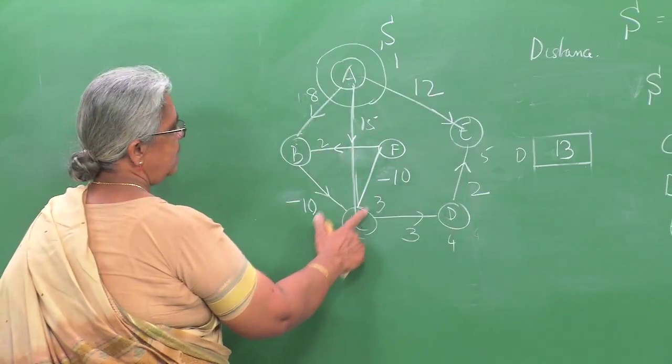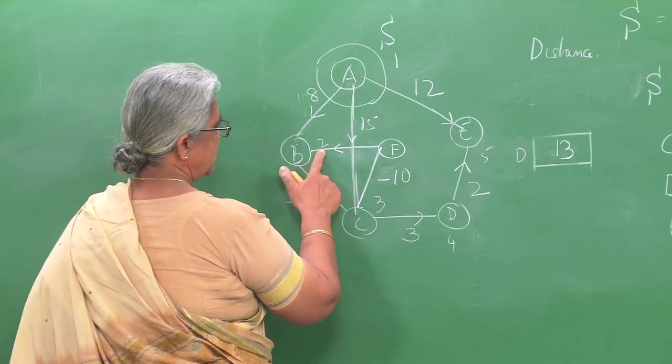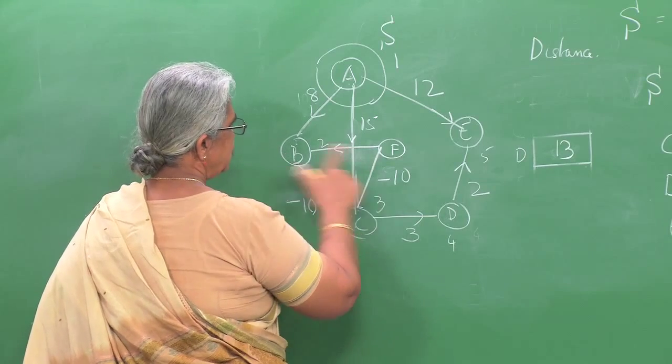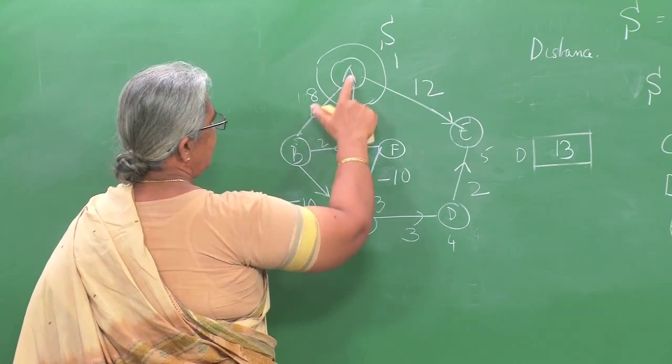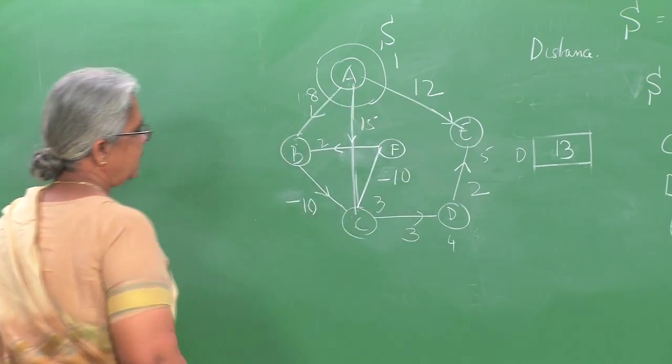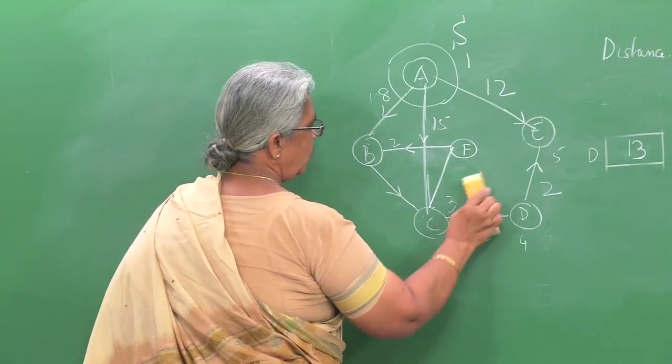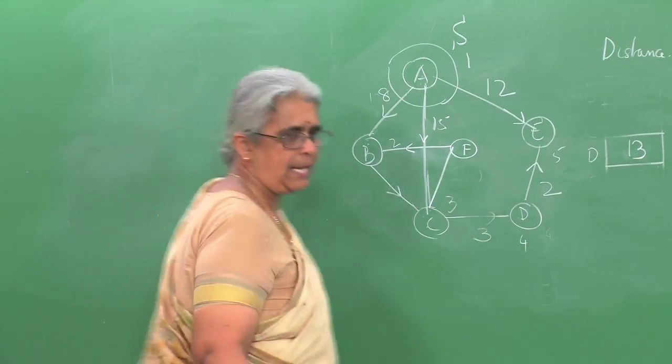So 15 minus 10 is 5, 5 plus 2 is 7, therefore you have a shorter path via C and F to B, whereas the original path that we have included is of length 8. So this is why this algorithm only works with positive edges.